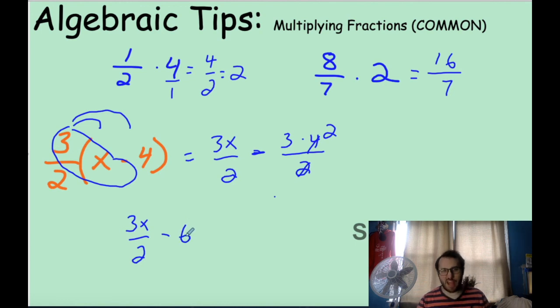I'm just going to leave it as that for now. We could combine that, but I'm not trying to do that right now. Or you could have just done 4 times 3 is 12. 12 divided by 2 is 6, and you get the same answer.